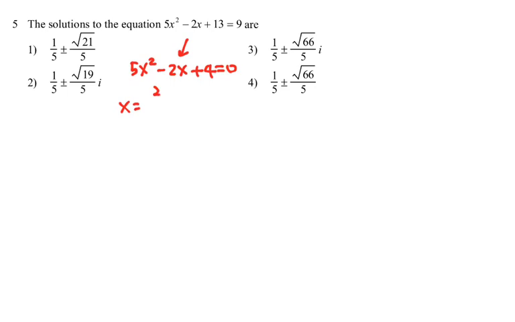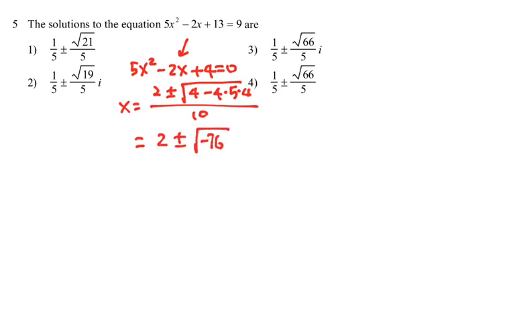Now, by applying the quadratic formula, we get to see this expression. Now, negative b plus or minus radical b squared minus 4ac. Now, once you simplify them, we get negative 76 within the radical.